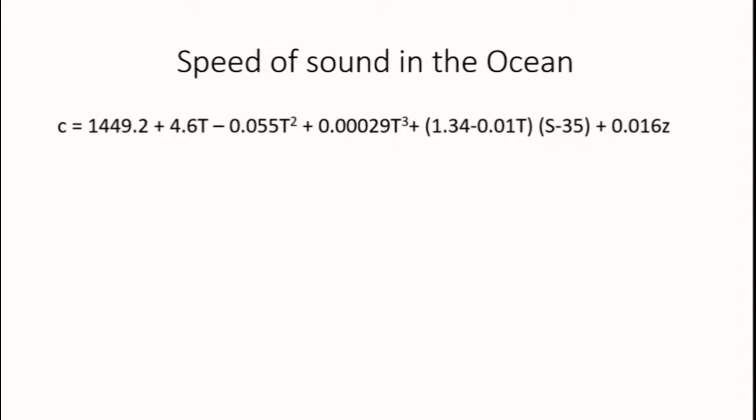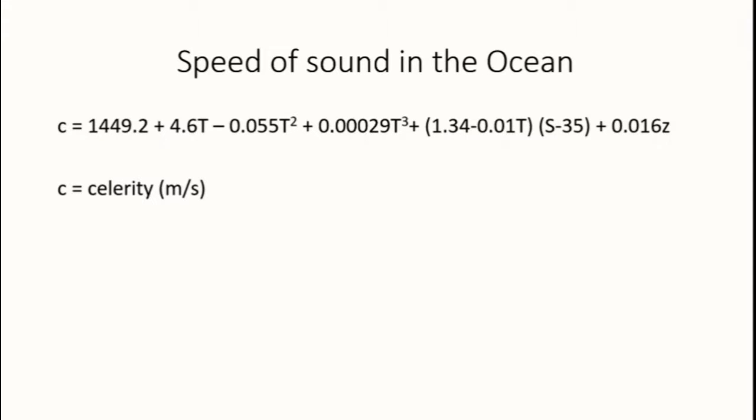First, we'll look at the equation that dictates the speed of sound in the ocean. Here's the general equation. There is a more accurate equation, but this equation serves its purpose for this video. What this equation describes is that the celerity of a sound wave in the ocean is proportional to the temperature, salinity, and pressure of the oceanic environment.